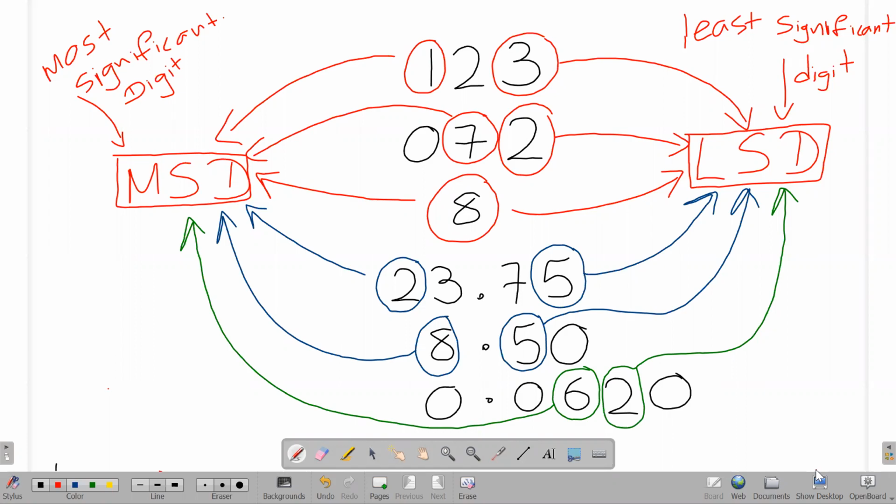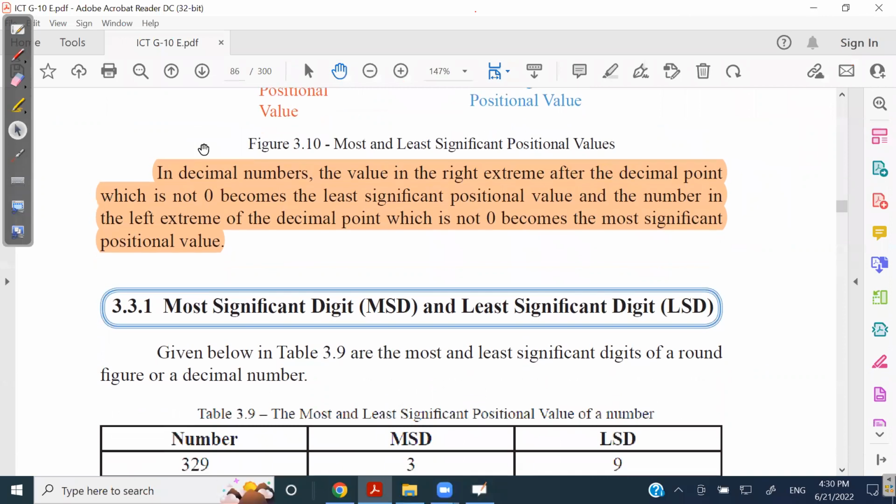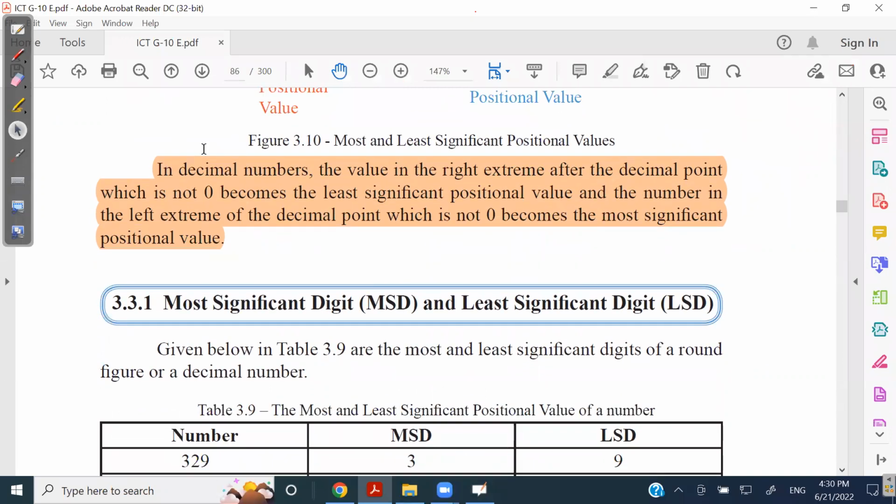Right. So we are moving to the next part, which is called the most significant bit and the least significant bit. Now, when you know about the MSD and LSD, most significant digit and least significant digit, if the number system is binary, we can refer to them as most significant bit and least significant bit.